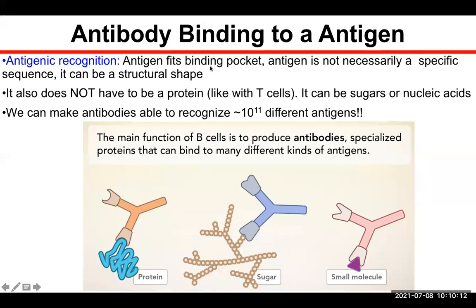And sometimes, and a lot of scientists still don't know why this is, these receptors, so the antibody or the B cell receptor or the T cell receptor, will have a high affinity for our own self. And that isn't good, because if, say, a CD8 T cell is recognizing self, it's going to end up killing that cell.